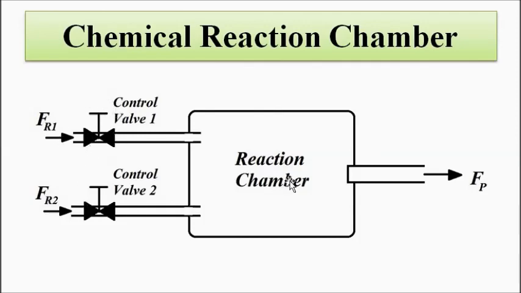And the output which we want is the product, the chemical output, with a certain flow rate. That is called the flow rate of the product.